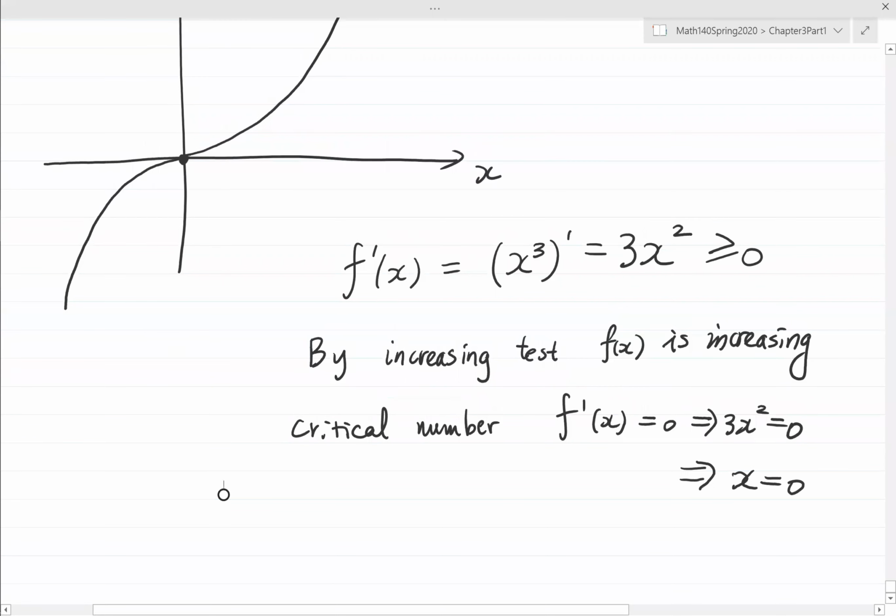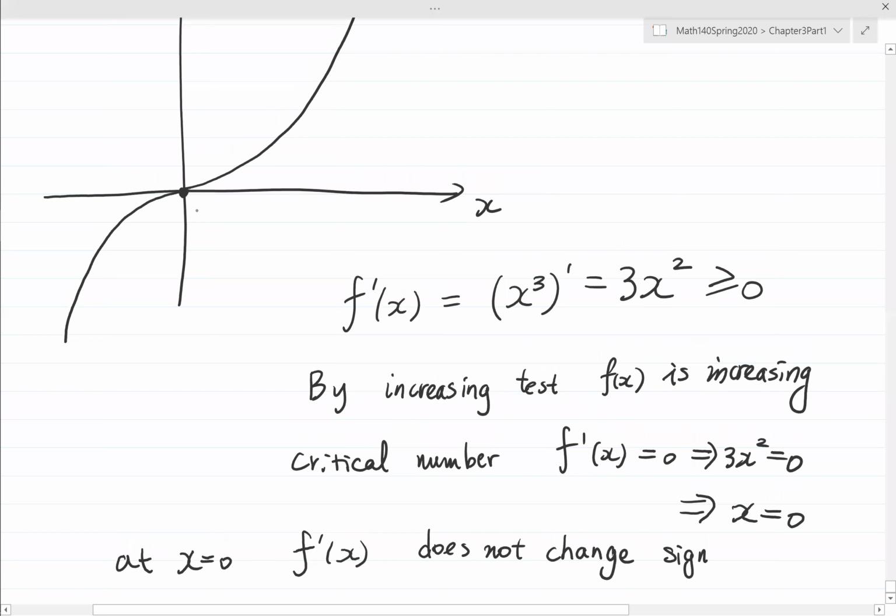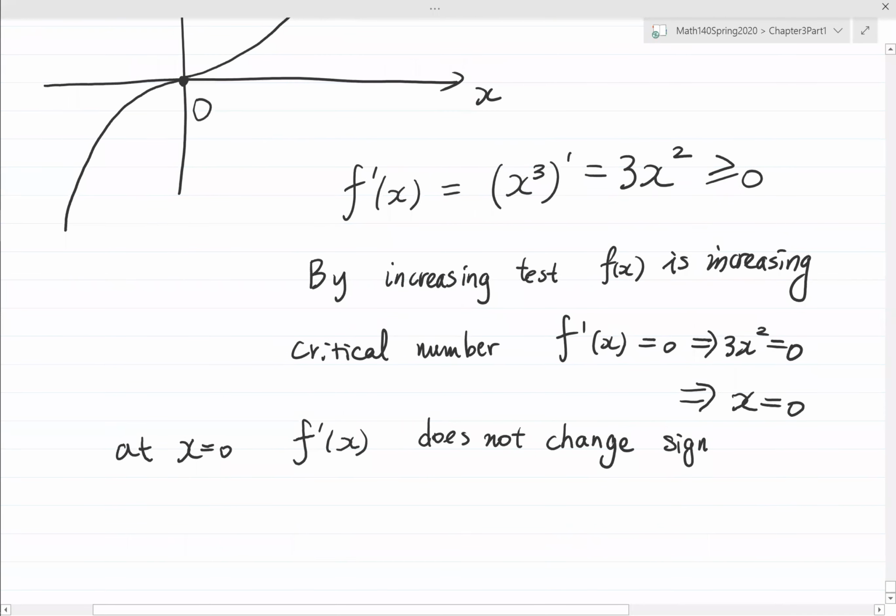Now at x equals 0, the derivative does not change sign, because its left side is positive and its right side is positive. So at the origin O, there's no maximum and no minimum, because the function keeps increasing.